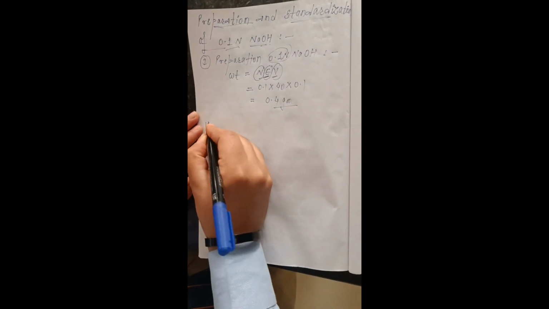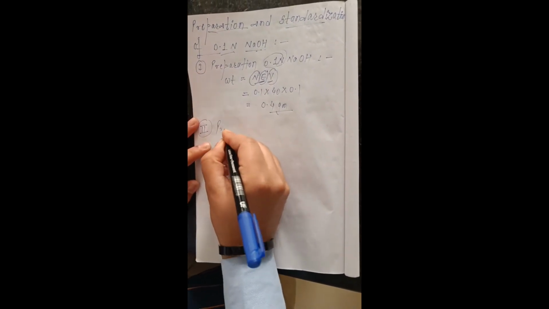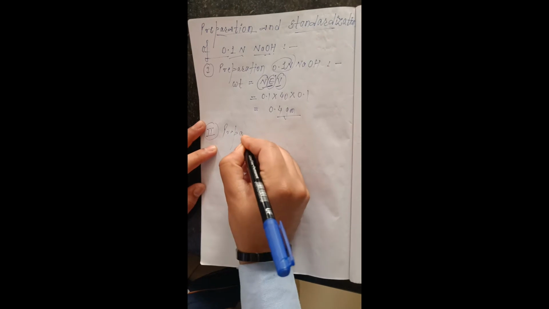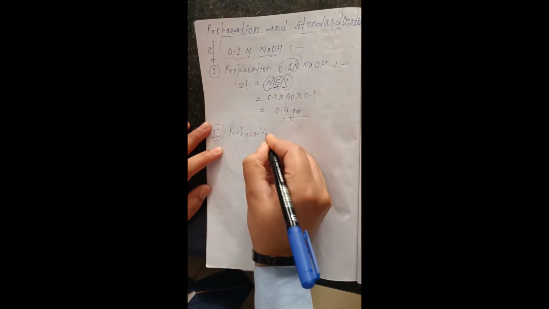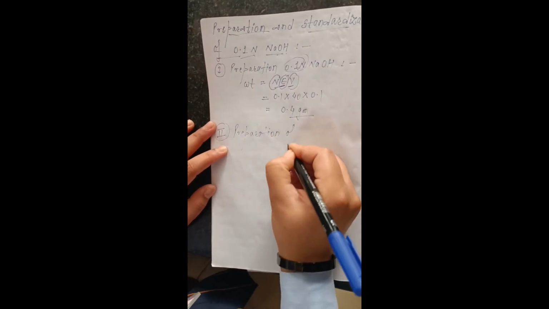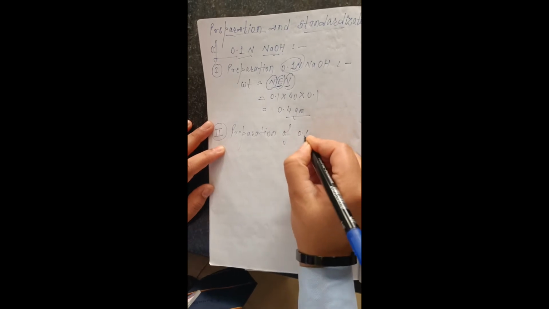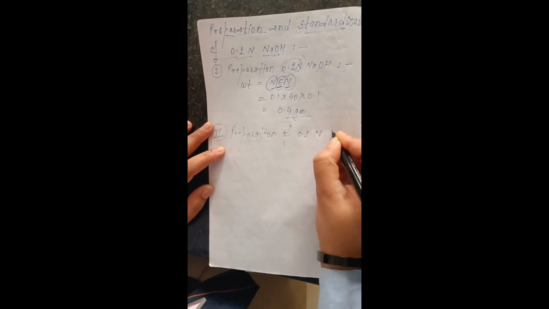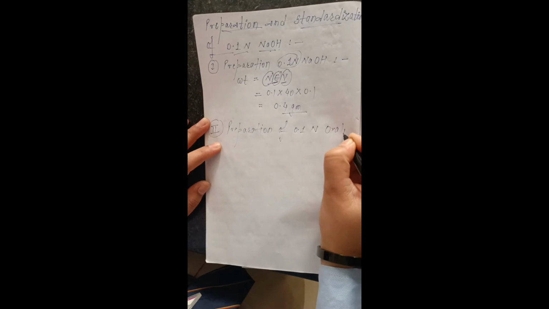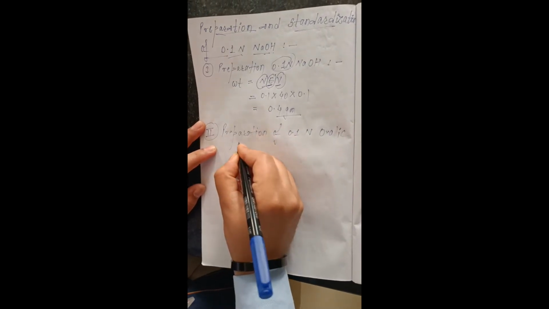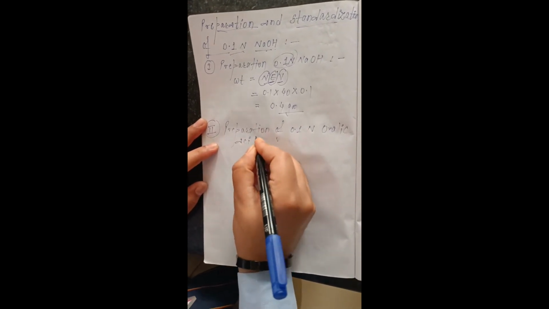Now the second will be the preparation of our primary standard. So we are preparing 0.1 normal oxalic acid, that is our primary standard.